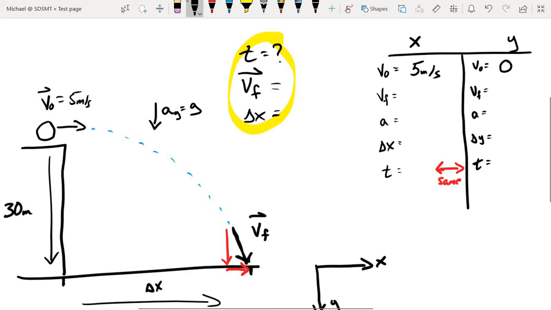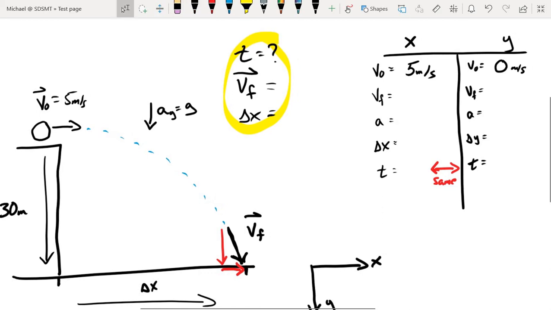We don't have a component of initial velocity in the y direction, at least not initially. And then for final velocity, well, I really don't know anything about the components of the final velocity, so I'm going to skip that.